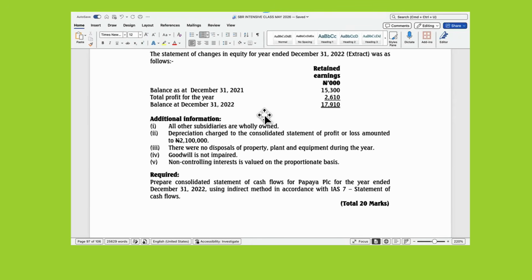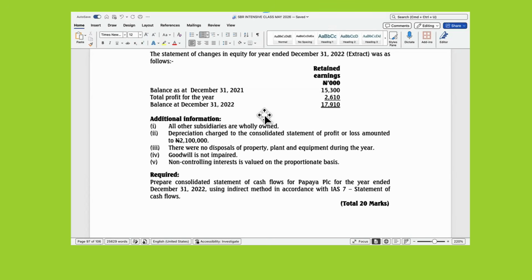So please always carefully look at the method that the examiner wants you to use. Don't just start solving. Use the method they ask you to use, because they always specify the method. So now they say using indirect method here.